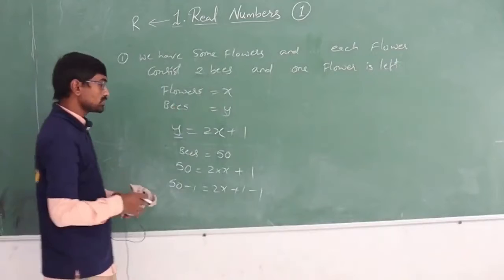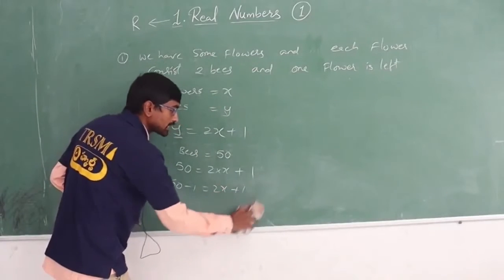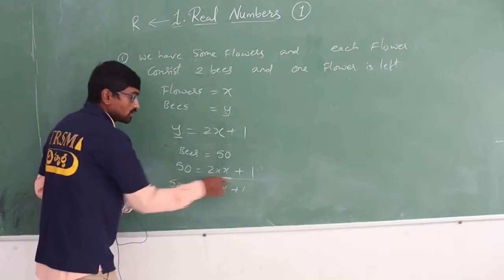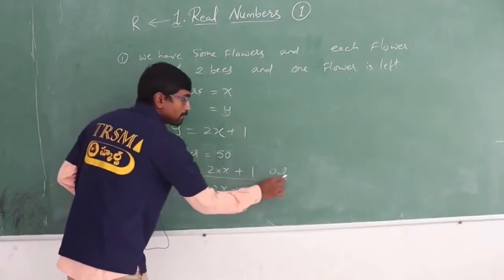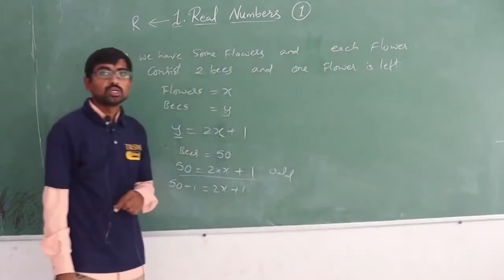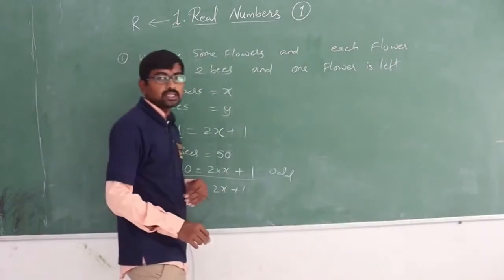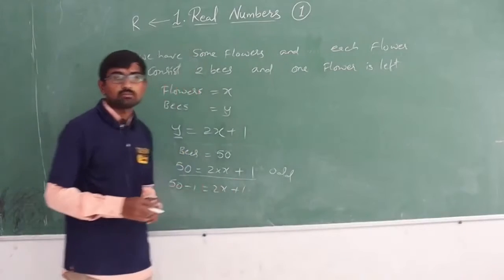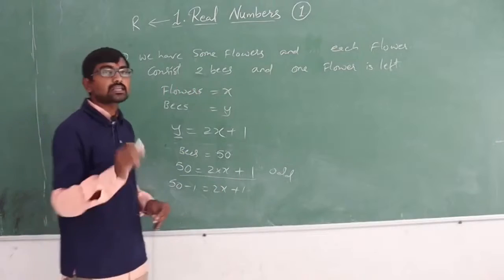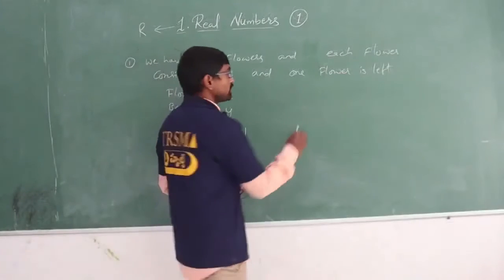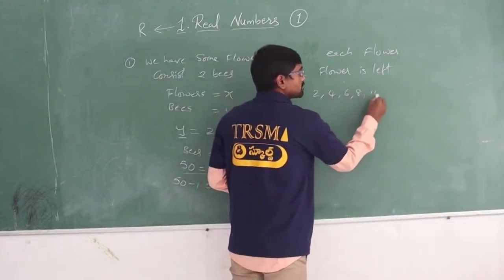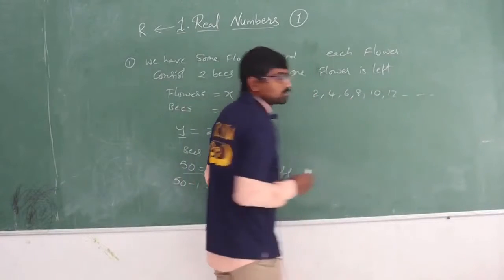If I am getting a remainder of 1, then this form is called odd form. Whenever a number is exactly divisible by 2, such a number is called an even number. You know the definition of an even number: 2, 4, 6, 8, 10, 12 and so on.